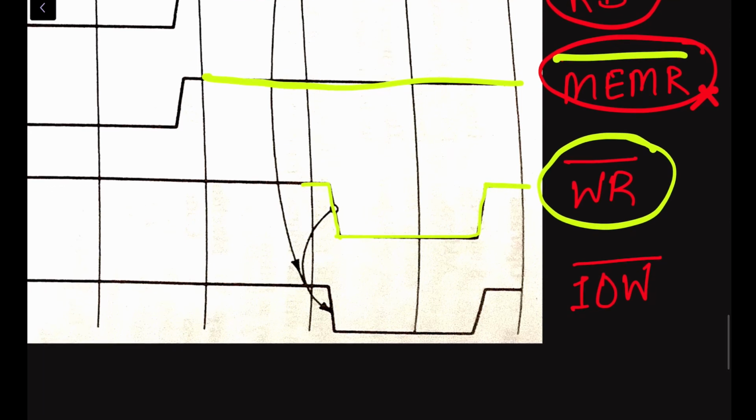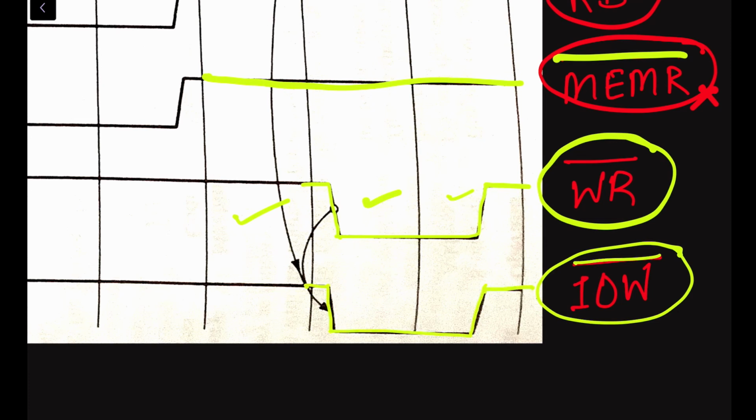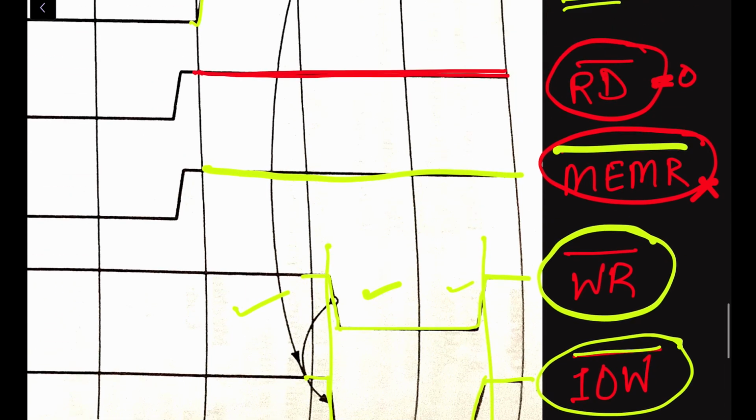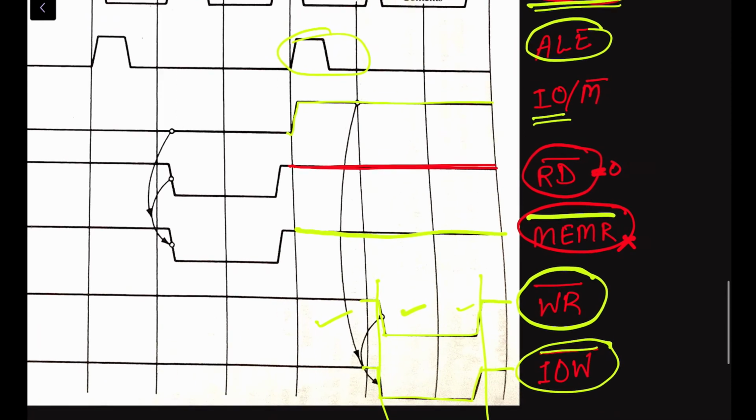During the first clock cycle it was the address transfer. During the second and the third clock cycle, whatever be the content of the accumulator, it will be transferred into the output device. And what about the IO/M bar signal? This is also an active low signal, so we have to make this signal low as well during the data transfer. So during this period, from here to here, we have to transfer the data.